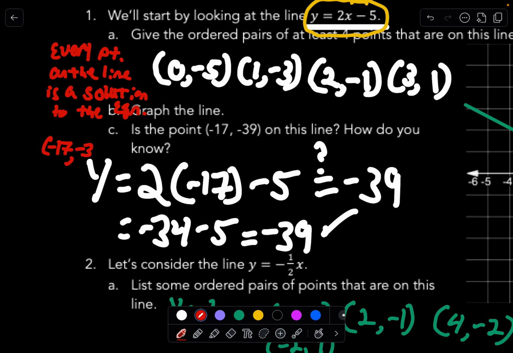Negative 17 comma negative 39 satisfies the equation. Thus, it is a solution.